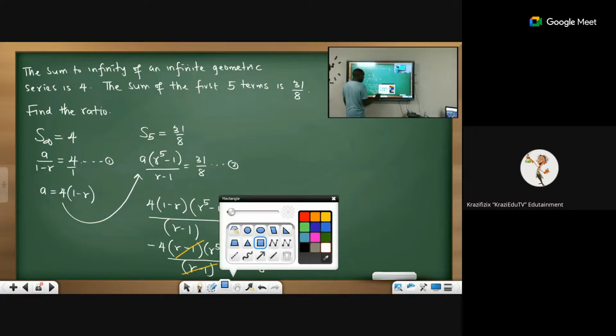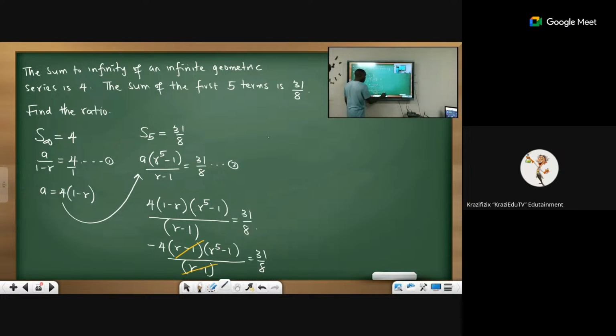So what do we have? Let me write that out. Oh, I see why you never distributed. Yes, so we can cancel that one out, right? R to the power 5 minus 1, 31 over. Can we divide both sides by -4? What would that be? R to the power 5 minus 1 will be equal to -31/32.